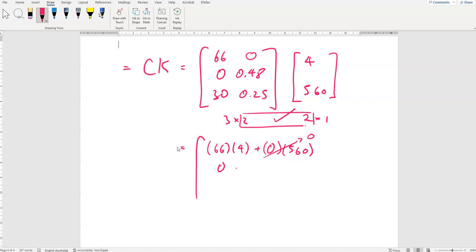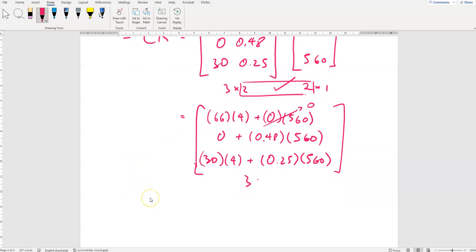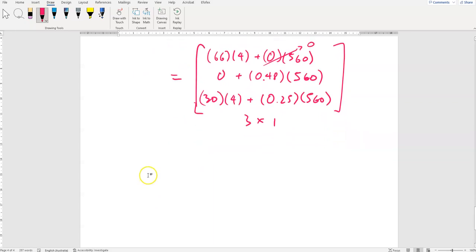And then plus the 48 cents times 560. The next one is going to be 30 times 4 plus the 25 cents times 560 km, and finish the matrix there. And again, this answer is the 3x1 matrix.